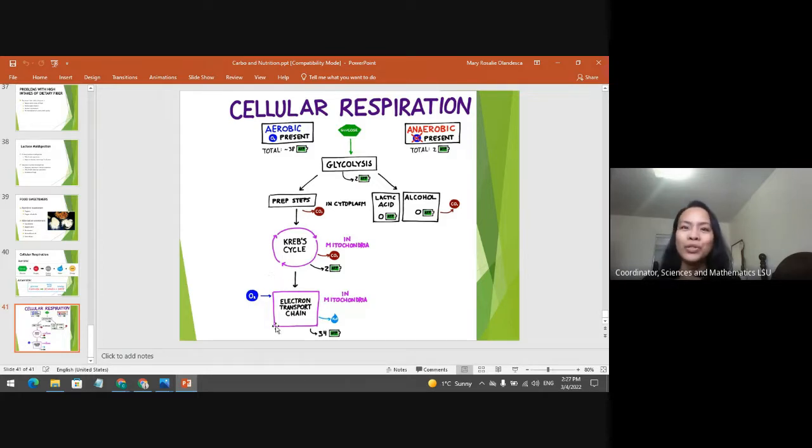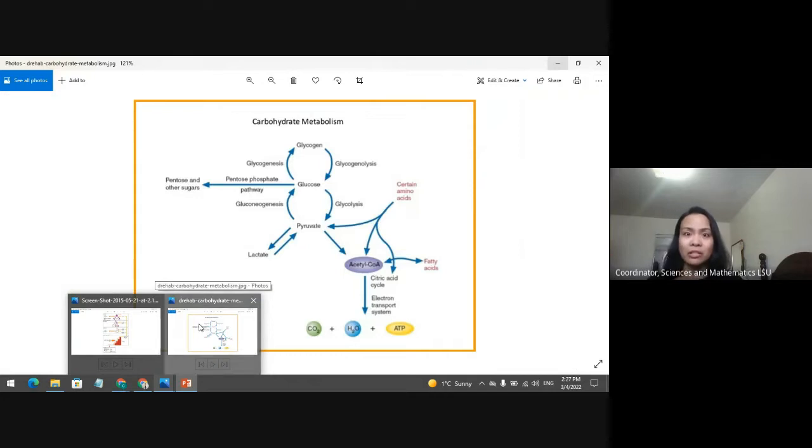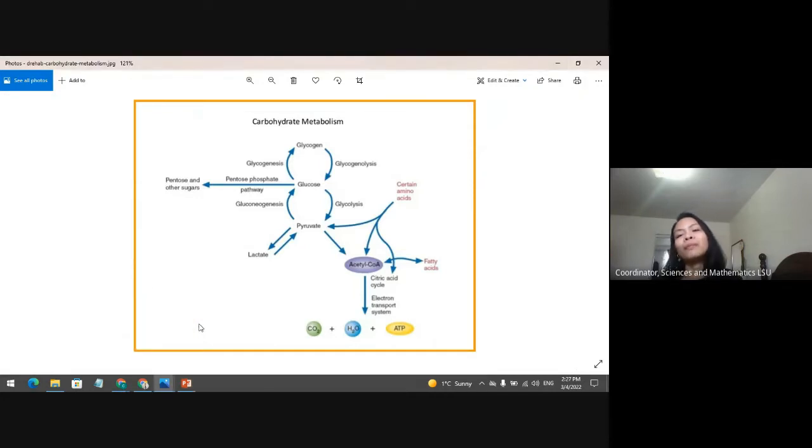We are going to discuss carbohydrate metabolism. I will simplify it by these two illustrations that I'm going to present to you. When we are not going to use carbohydrates, as we talked about in the previous recording, they will be temporarily stored as glycogen.